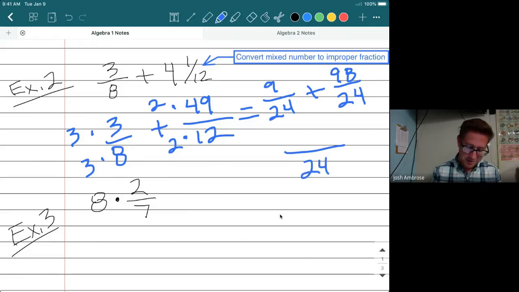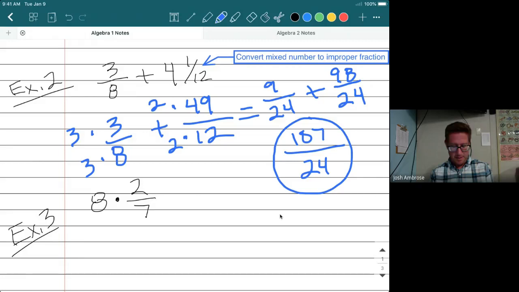And what is 9 plus 98? Let's see, we're looking at 107. Okay, 107 over 24. And let me just double check. Can we reduce that? 107. Off the top of my head, I'm going to leave it. Okay, so 107 over 24.